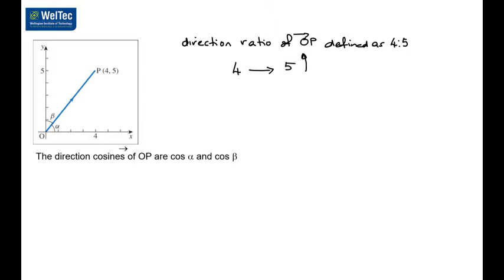We talk about the direction cosines, and the direction cosines of this vector are the cosines of the angles between the vector and each of the positive axes. That's just how they're defined.